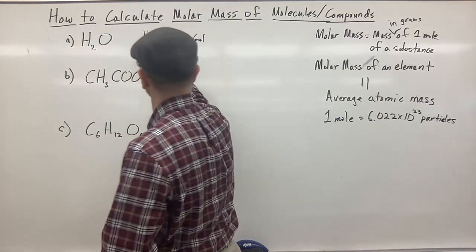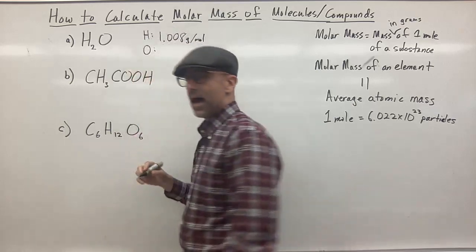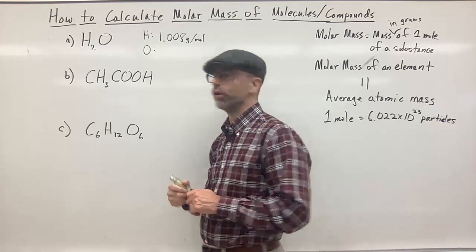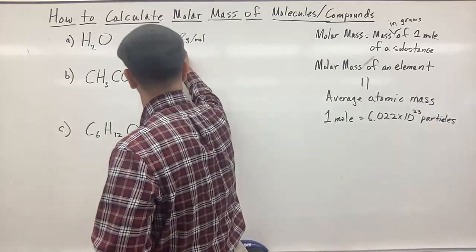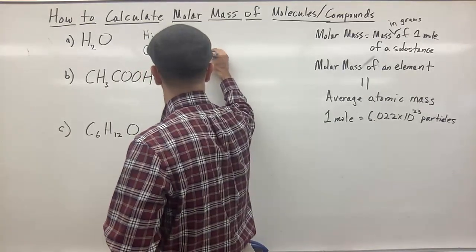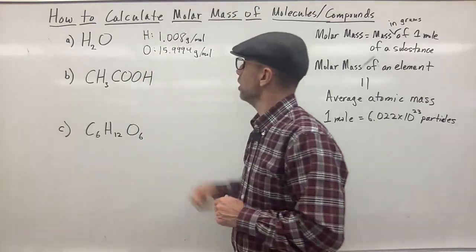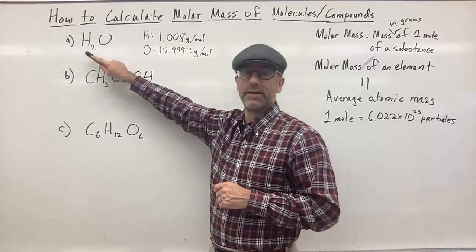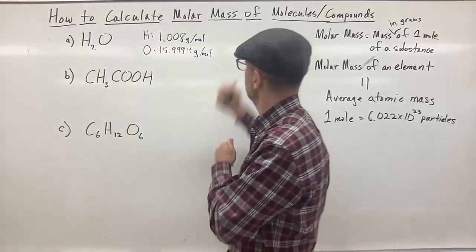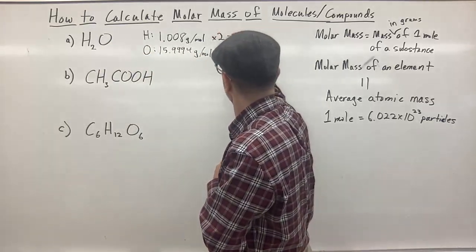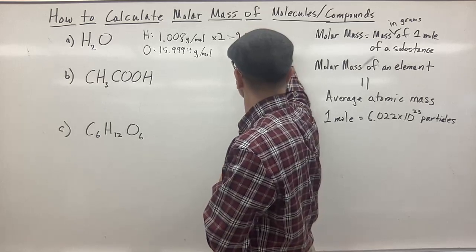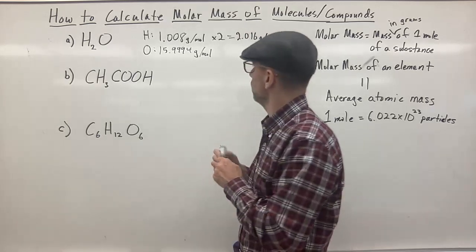And then I have oxygen. If you look up oxygen, you're going to find something like 15.9994 grams per mole. Then, since I have 2 hydrogens, I multiply the hydrogen by 2 to get 2.016 grams per mole.